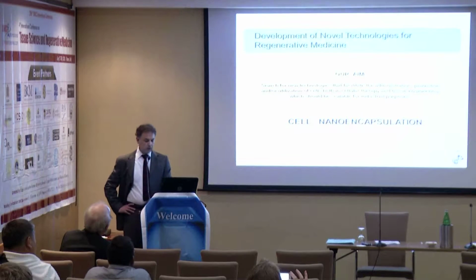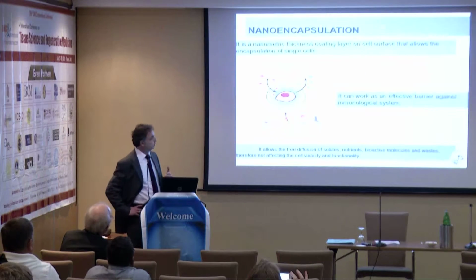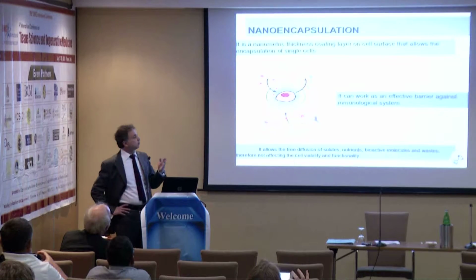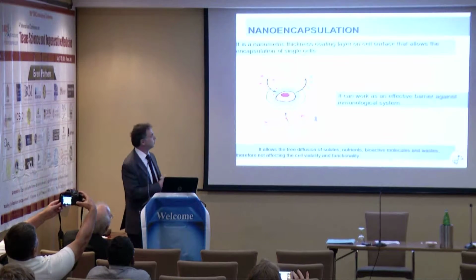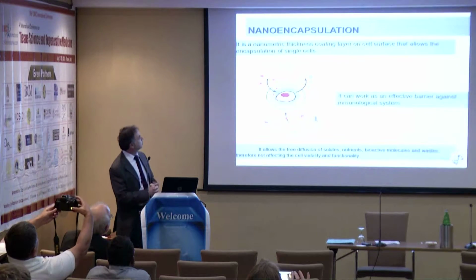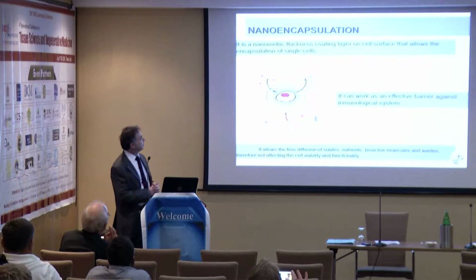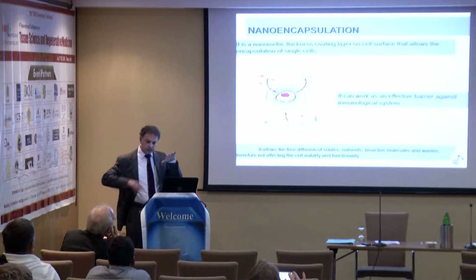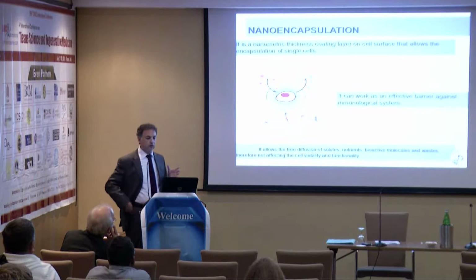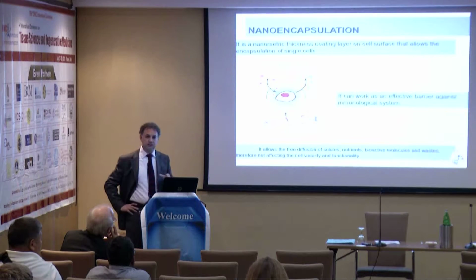Now, how will we do this? First of all, for all the people that are not involved in the physical phenomena or processes, nanoencapsulation is a nanometric thickness coating layer on the cell surface that allows the encapsulation of a single cell.